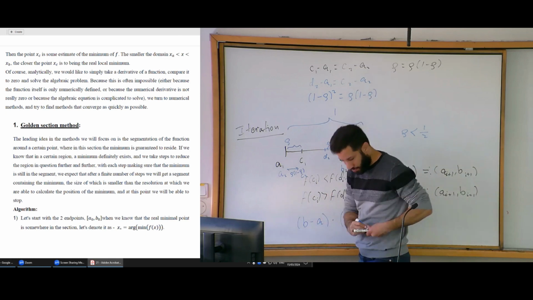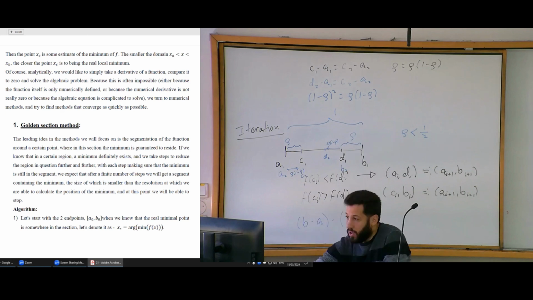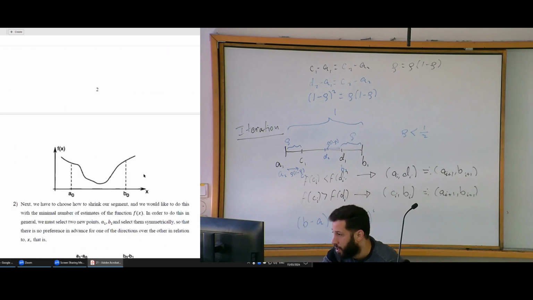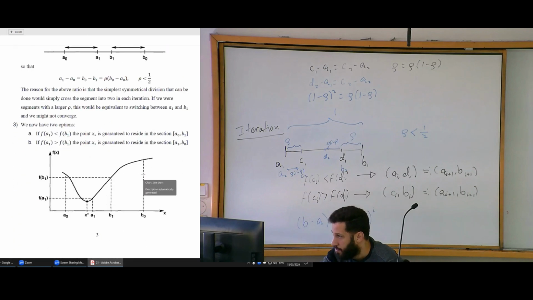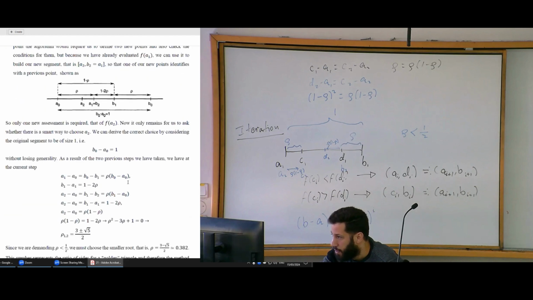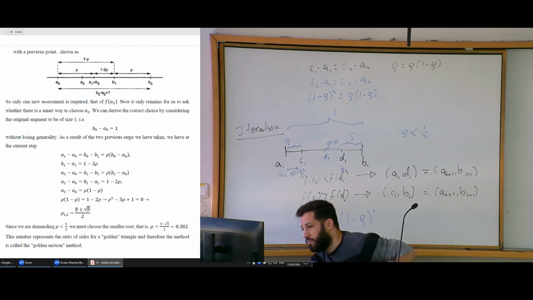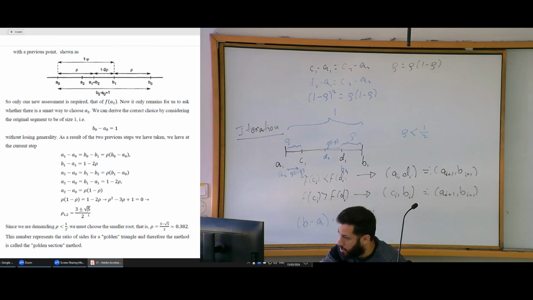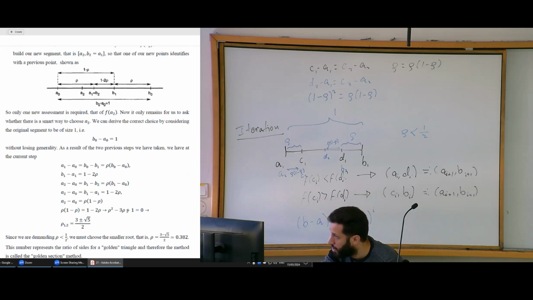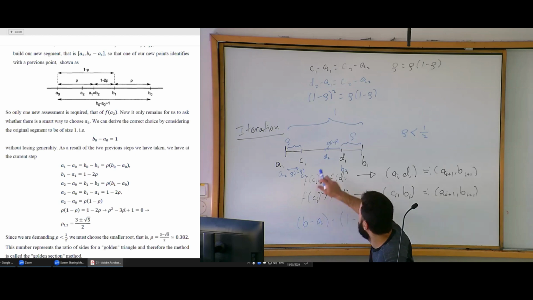So if we solve that, we will see that rho will be 3 minus the square root of 5 over 2. The plus is bigger than half, so we'll take the minus. That will make this point be this point.